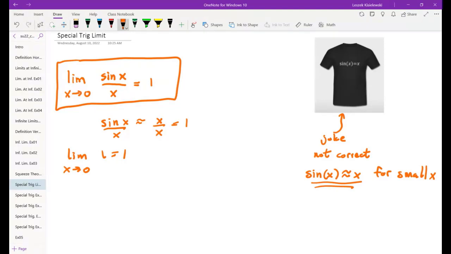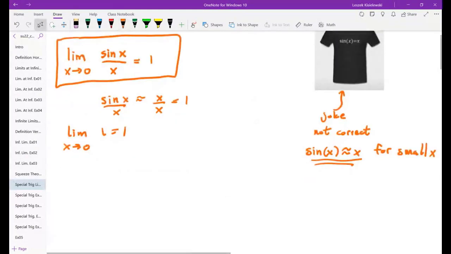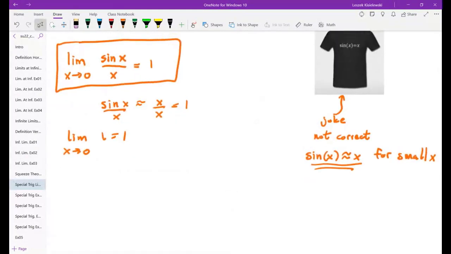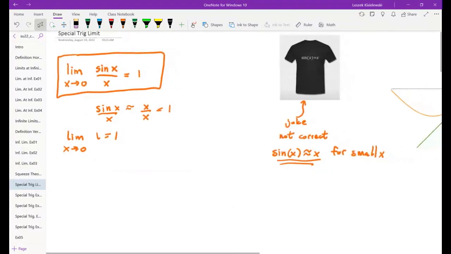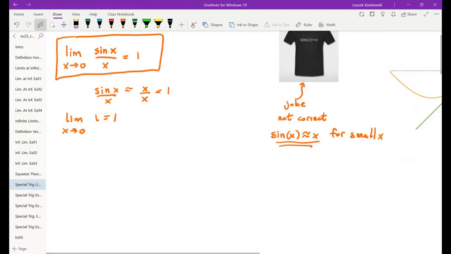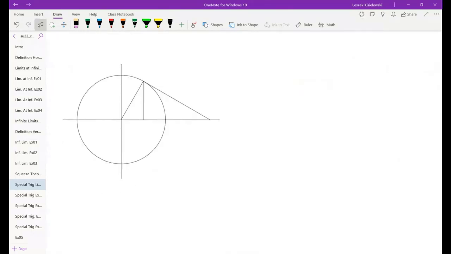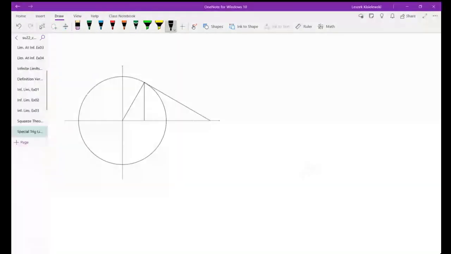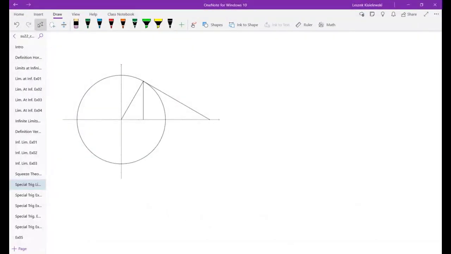Okay. Now we want to prove this, maybe just to practice our trigonometry. We're going to prove this using the Squeeze theorem. We'll use a unit circle to prove this.